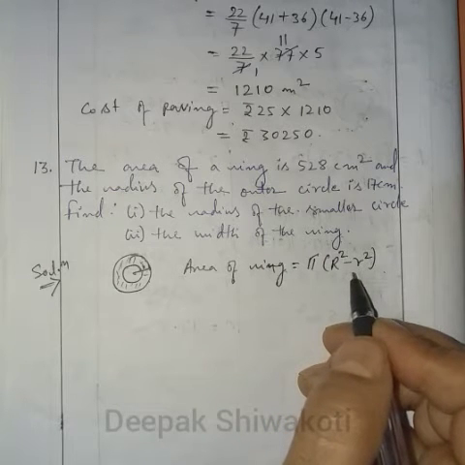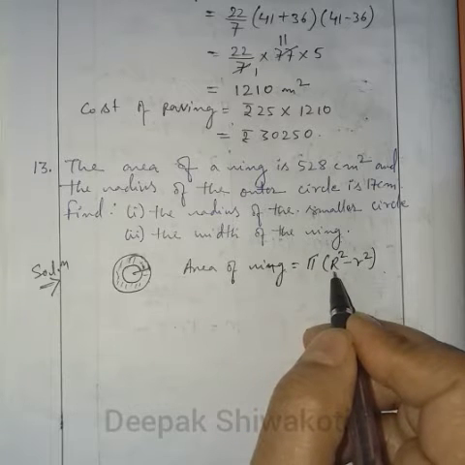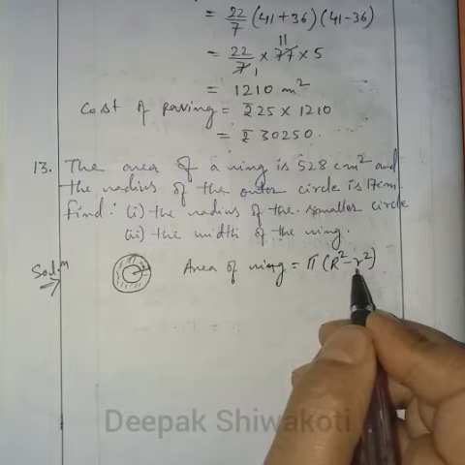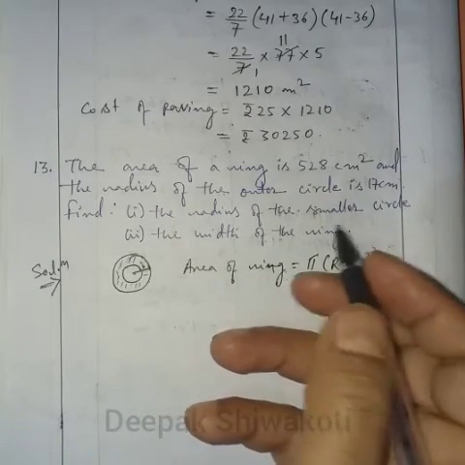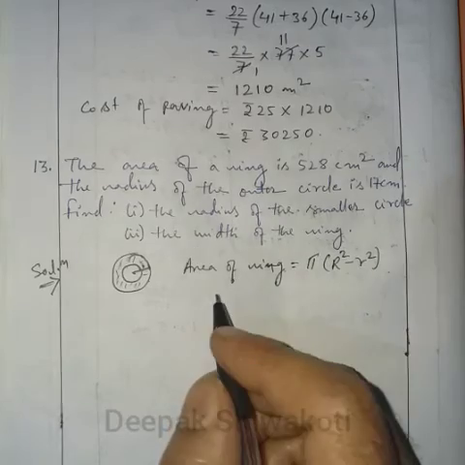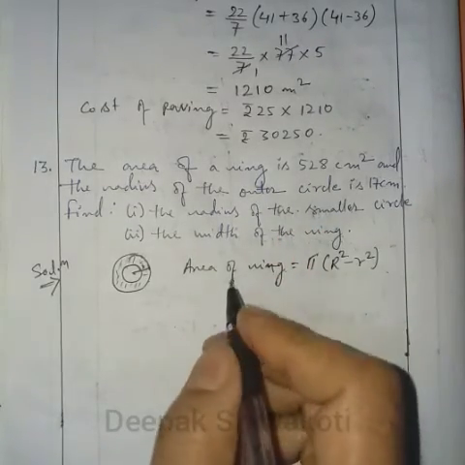This one we will not use here. Now here capital R is given, small r we have to find, that is the radius of the smaller circle. So area is given here as 528 centimeter square.